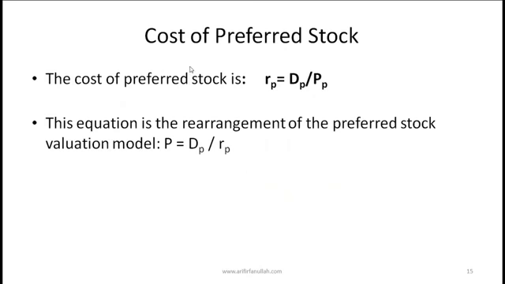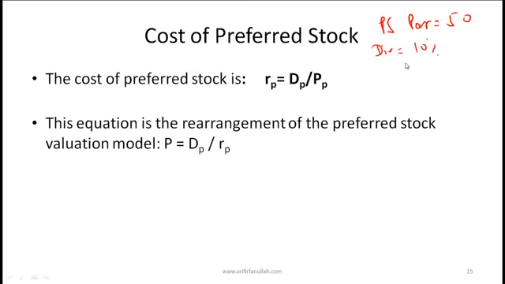Now let's talk about the cost of preferred stock. Generally speaking, with preferred stock there is a preferred dividend that remains constant. And let's say that you have a situation where you have preferred stock with par value equal to 50, which pays a dividend of 10%.